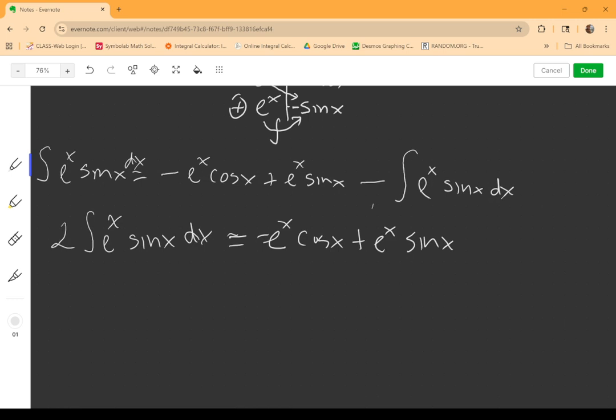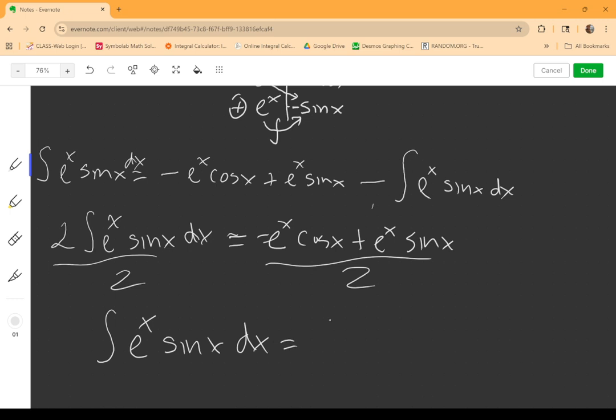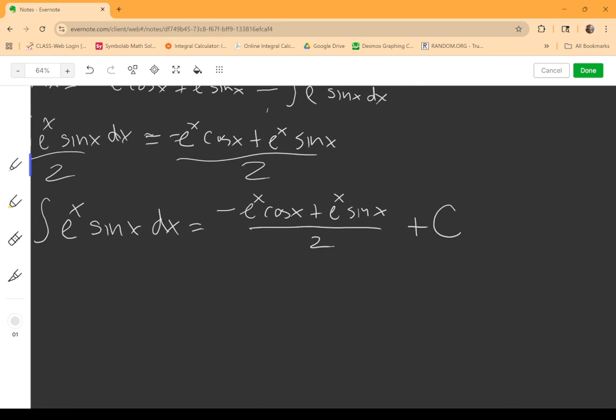And then lastly, just divide through by 2. It's a little algebraic cheat that gets me to my final result: negative e to the x cosine of x plus e to the x sine of x, over 2. And then, as always, at the end, just add in that plus c.